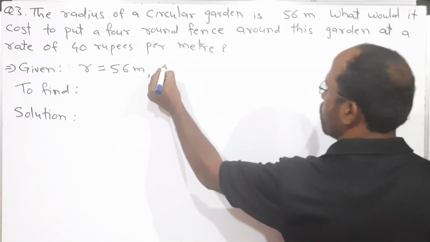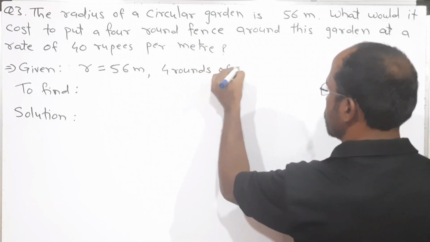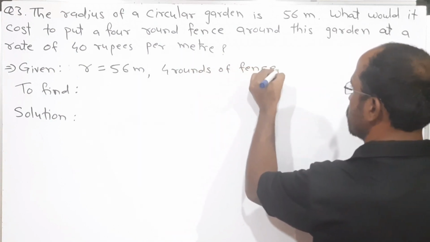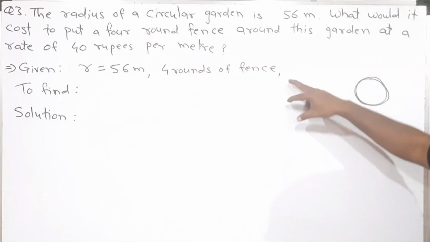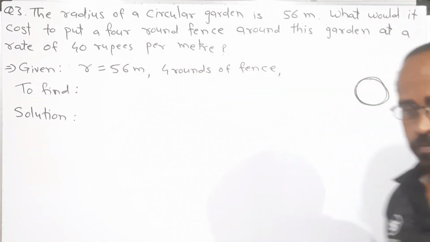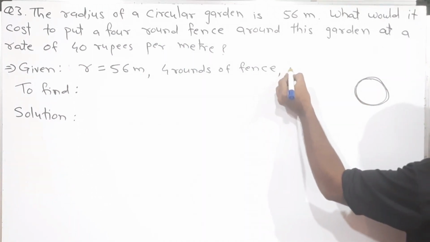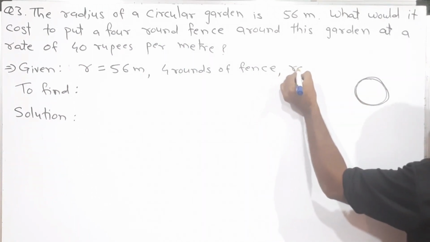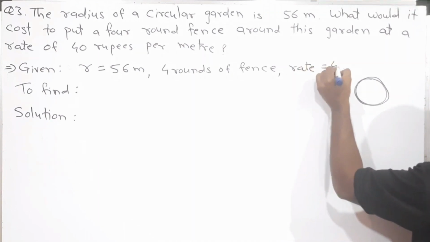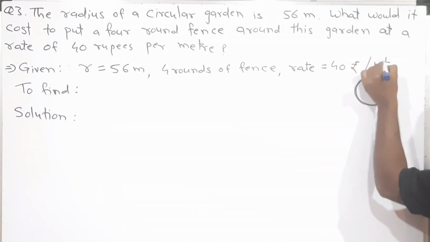So 4 rounds of fence are required. Okay, at a rate of 40 rupees per meter. Okay, and what is the rate? Rate is equals to rate of cable, 40 rupees per meter, means 40 rupees for 1 meter.